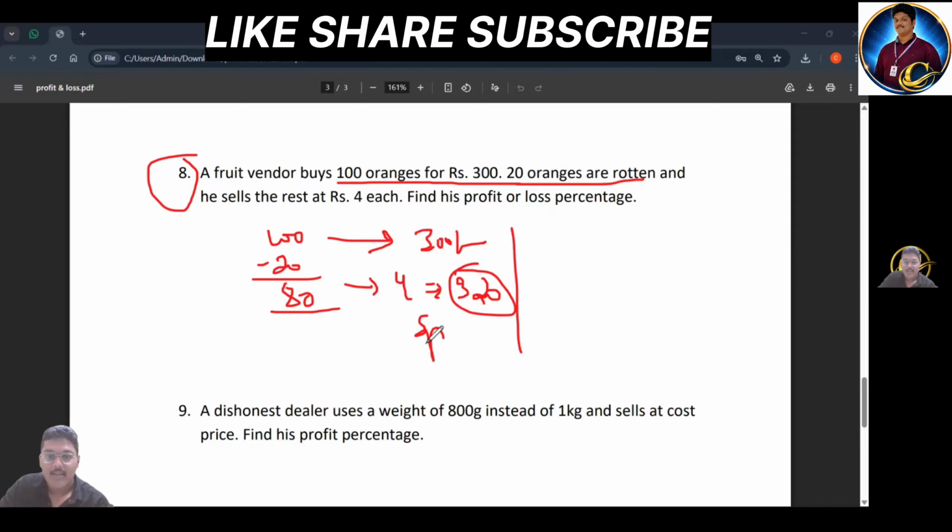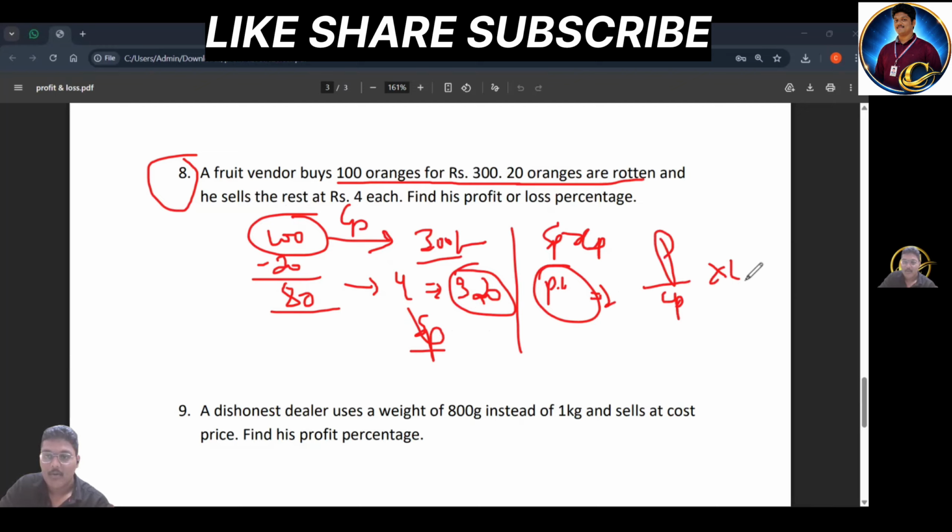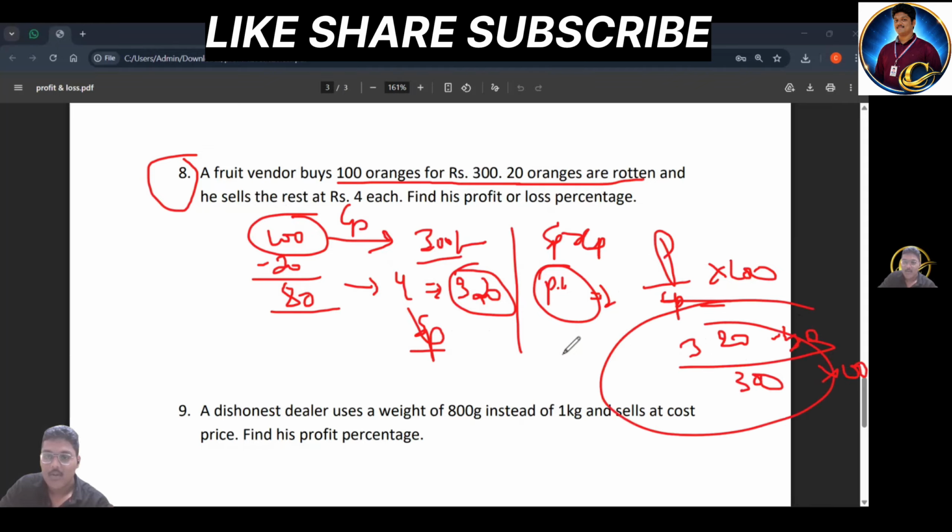Here selling is SP and buying is CP. Buying value is 300 and selling is 320. So SP is greater than CP, we get profit. Profit percentage is equal to profit by CP into 100. Now 320 minus 300 by 300 into 100. Compute this, you will get the profit percentage.